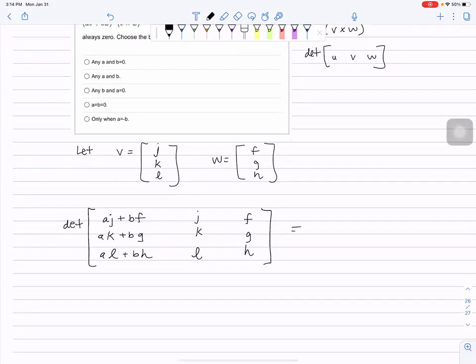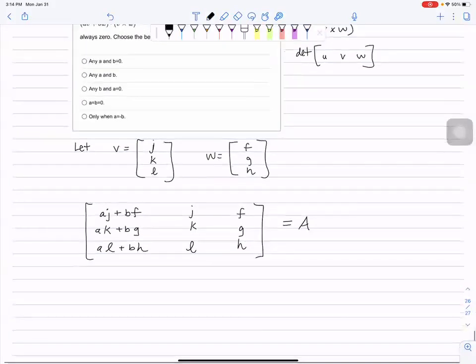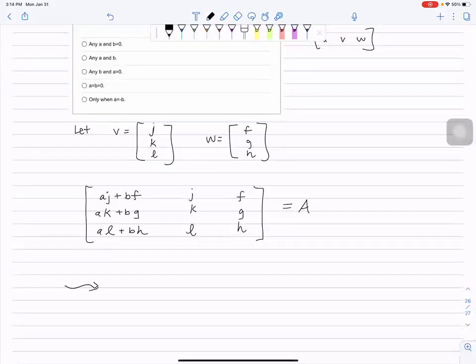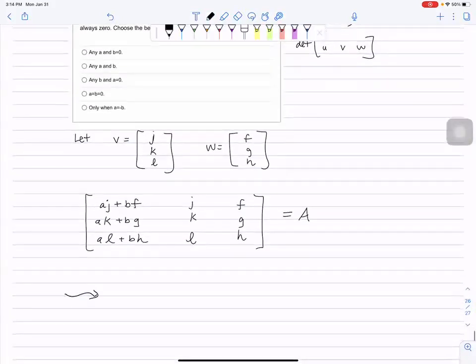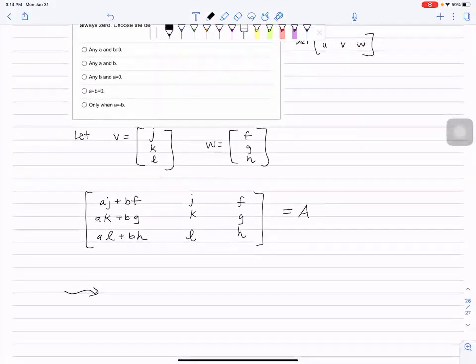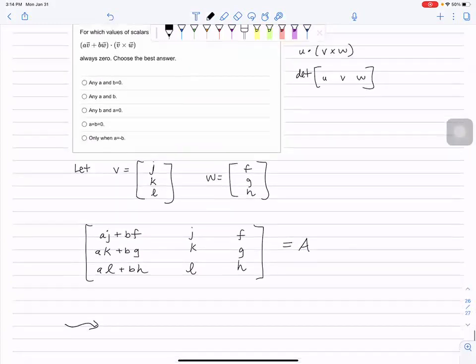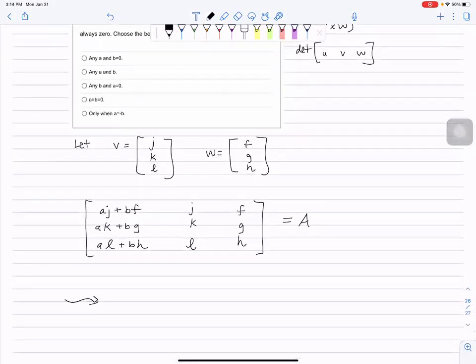I'm going to call this matrix A. Like we started with A, now we want to row reduce to get to R. You can do column operations also, but that might get confusing.